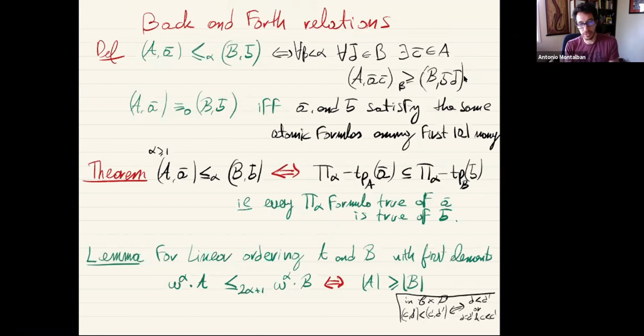So you first compare the one on the right and then the one on the left. For instance, omega to the alpha times 2 means omega to the alpha plus omega to the alpha.